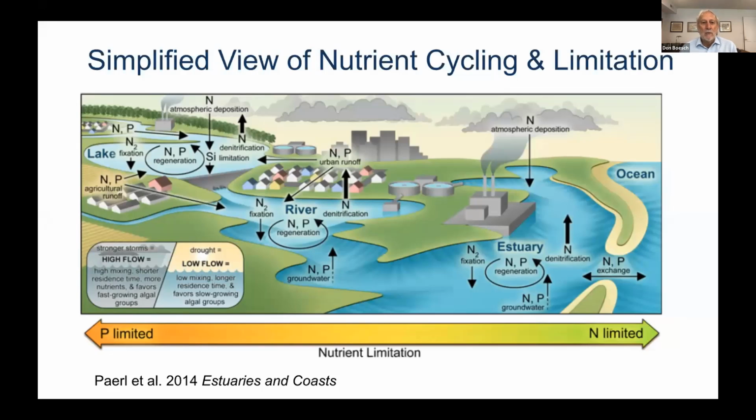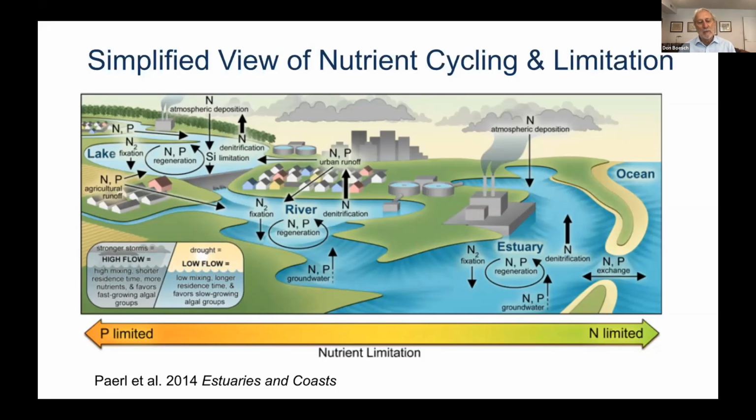Great. So one of the things that separates our worlds, between what Jim does in limnology and in freshwater environments and the coastal and ocean environments, is that it's often thought that this issue of over-enrichment with nutrients is primarily a phosphorus problem in freshwater and primarily a nitrogen problem in coastal areas. In truth, it's actually a lot more complex than that, as this diagram from Hans Paerl would indicate.